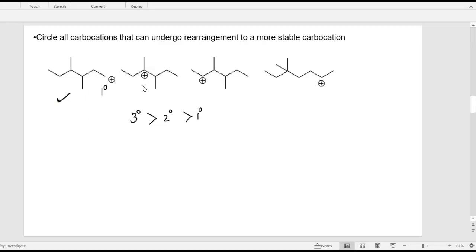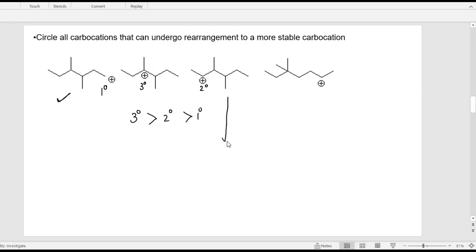What about this one? This is already a tertiary carbocation. It will not have any motivation to rearrange, so not this one. What about this one? Yes, this is a secondary carbocation, but if you move this hydrogen from here to here, it can actually get the carbocation at this position. So let's redraw this.